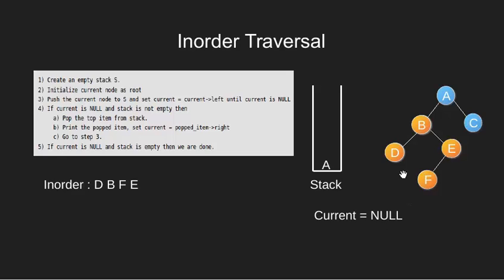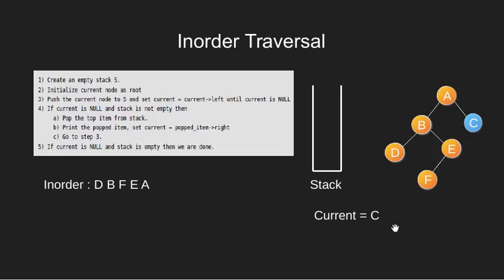We now go to step 3. Since current is null, step 3 doesn't do anything. We come to step 4, and since the stack is not empty, we pop and print the top of our stack, which is A. Now we make current point to the right of A, which is C.